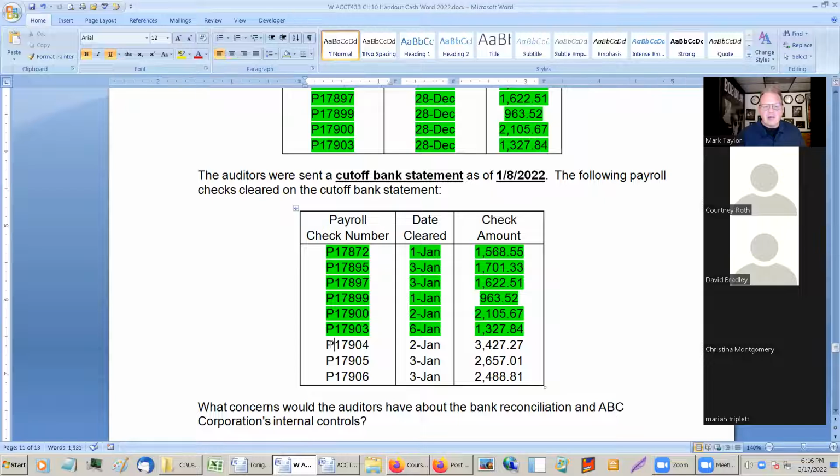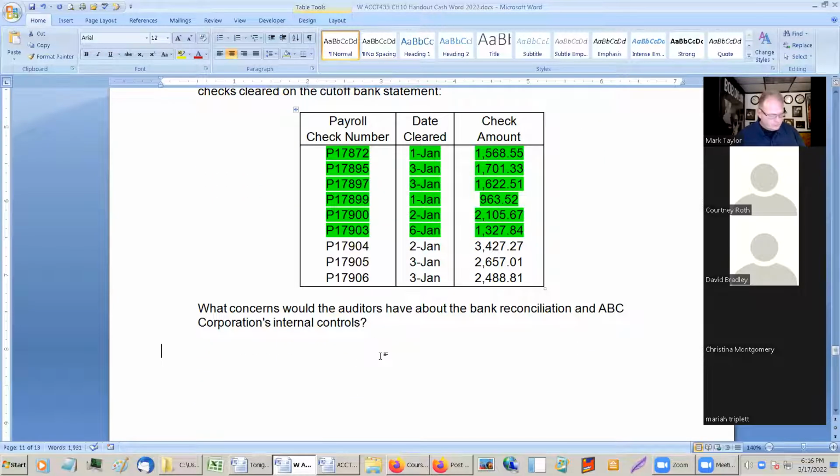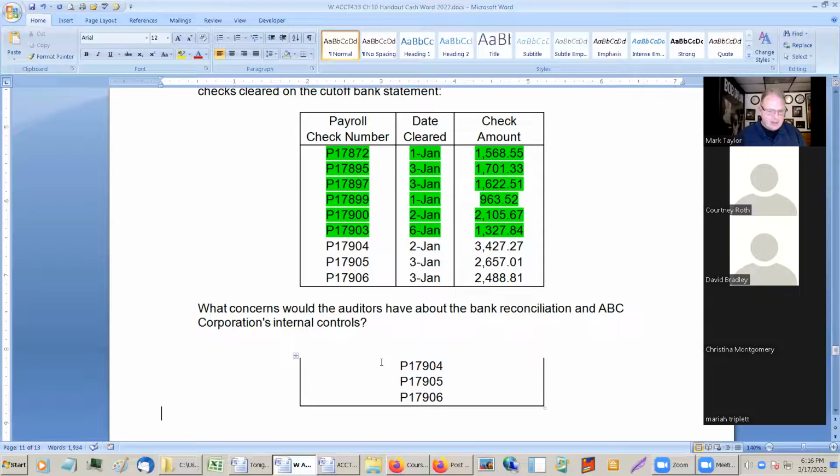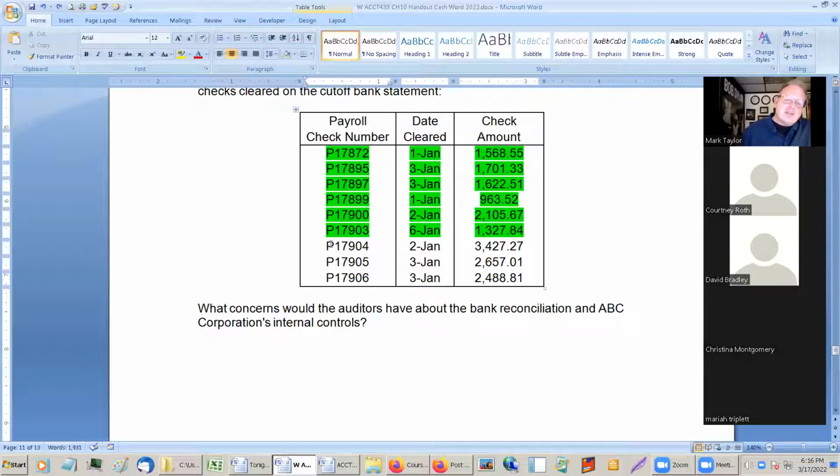So these 3 checks, let's leave it. So these 3 are probably related to December.